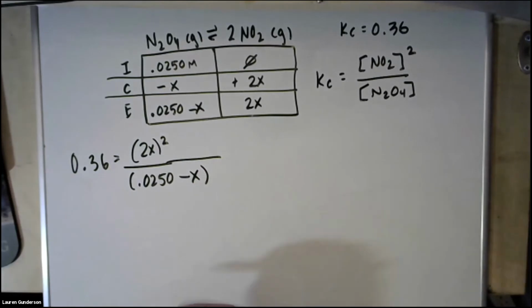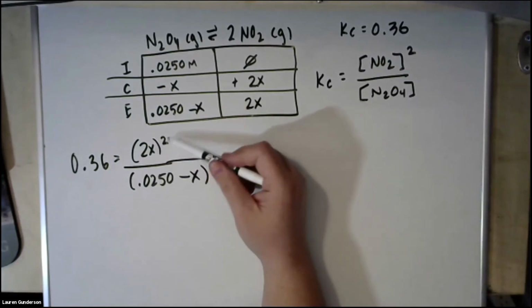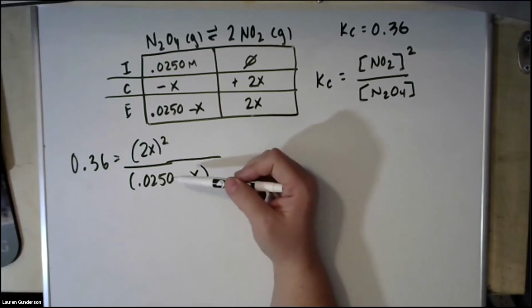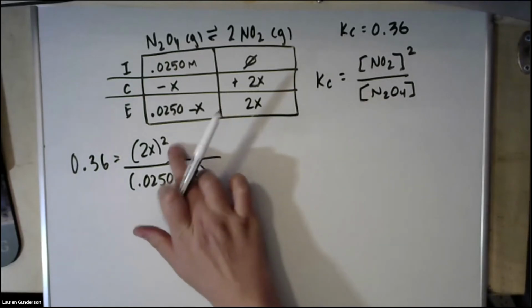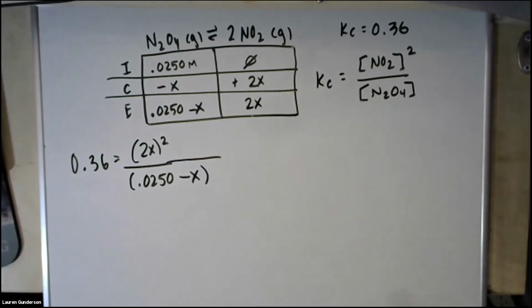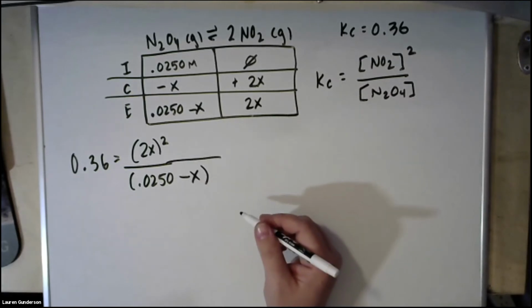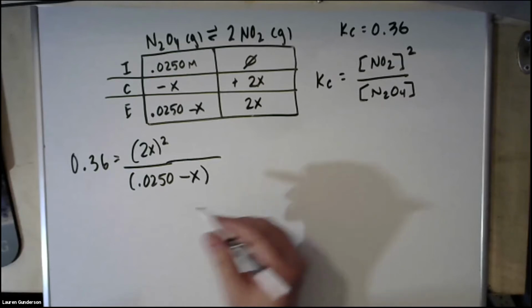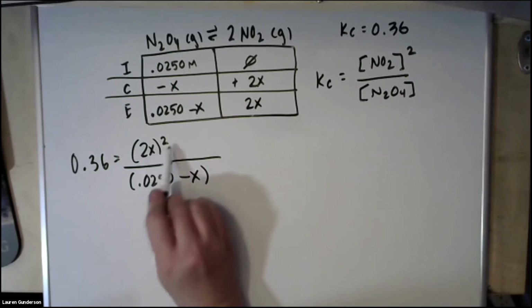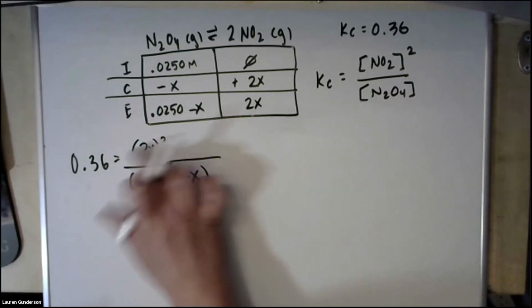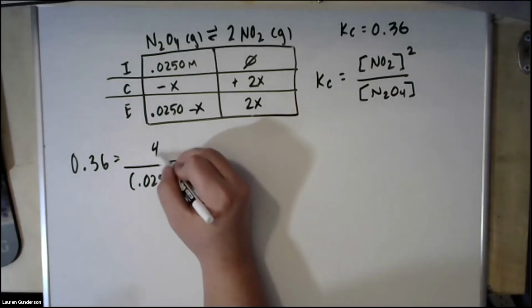All right, again, we can't get rid of the squares with a square root in this case because we only have the exponent on the top of the fraction. It would need to be on both the top and bottom of the fraction bar. So instead, we're going to solve this for 0 and use the quadratic equation. But we can simplify this a little bit first. We can change 2x squared into 4x squared.